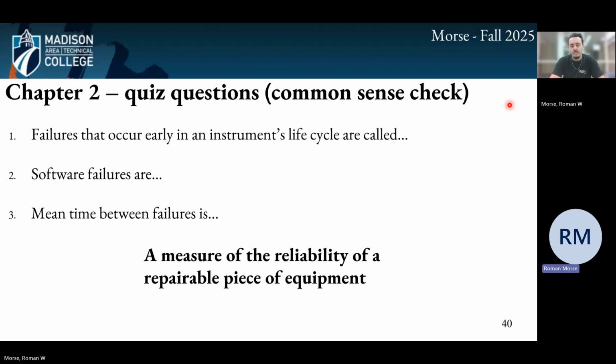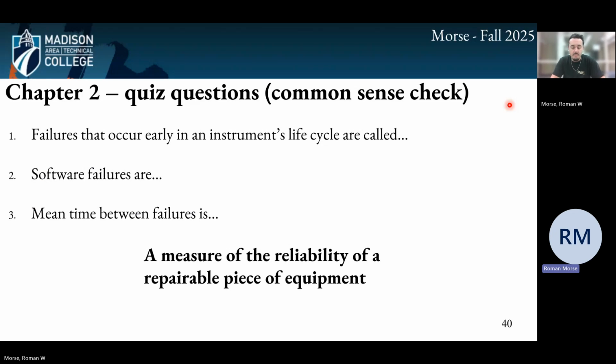The mean time between failures is a measure of the reliability of a repairable piece of equipment. So the mean time between failures is the combination of TF plus TR, failure time plus repair time.